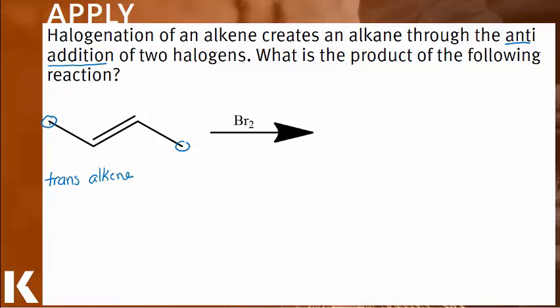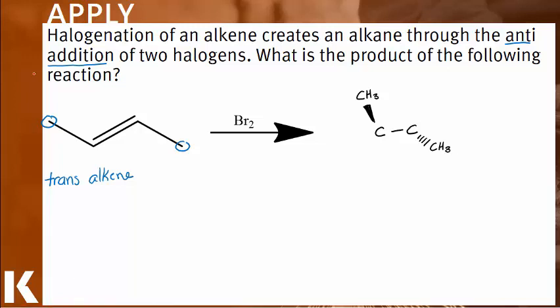And if our groups are on opposite sides of the double bond before the reaction, they must be on opposite sides of the molecule after the reaction. So we can draw our first methyl group on our left carbon as coming out of the page, and we can draw the second methyl on the other carbon as going into the page.